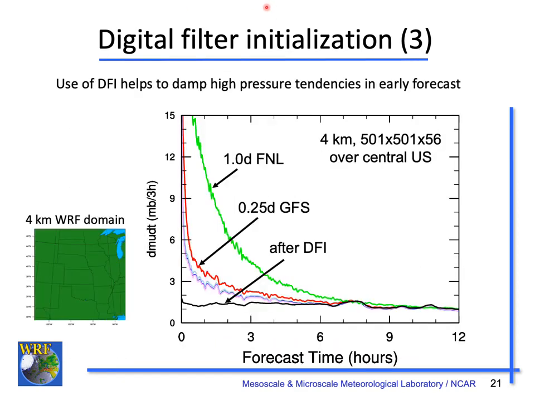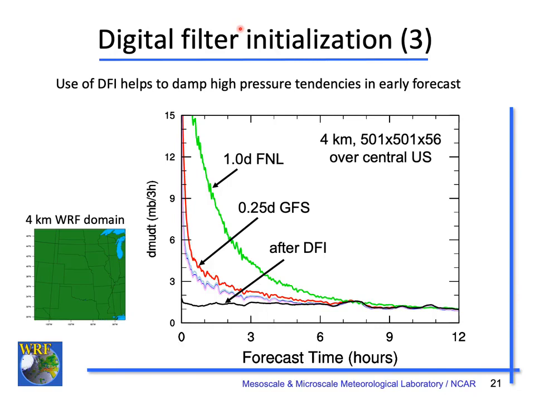We mentioned model imbalance before, but how do we measure it? It turns out a good measure of the model's balance is the surface pressure tendency in the model. That is, the rate at which the surface pressure changes with time. This plot shows the evolution of the domain averaged surface pressure tendency with time when the model is initialized with GFS data, with and without DFI.